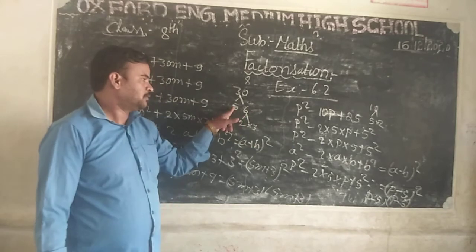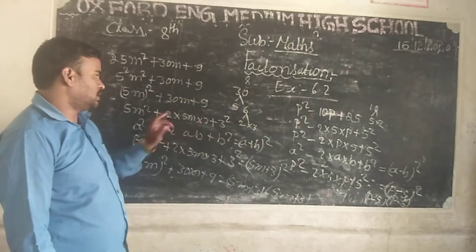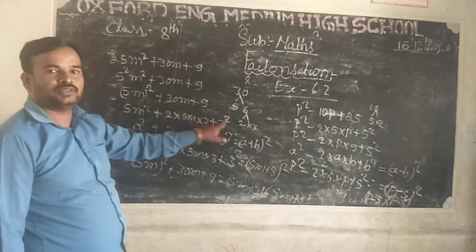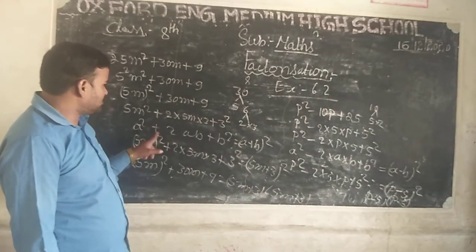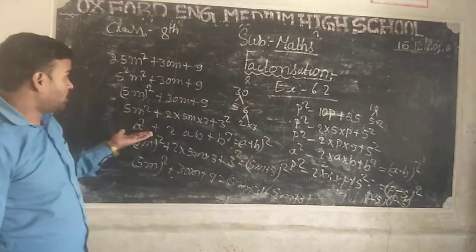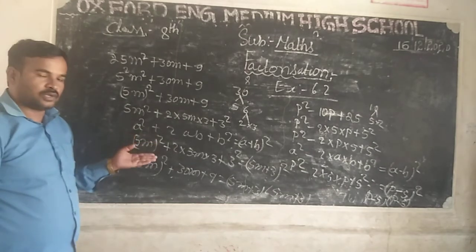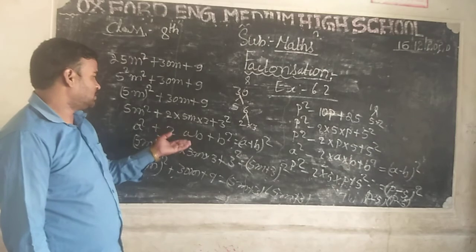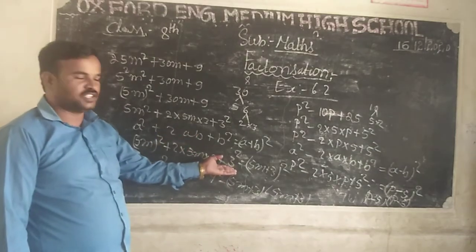Now you write the factors of 30: 5, 2, 3. So 2 into 5m into 3 plus 3 square, because the square root of 9 is 3 square. Now it is compared with the identity a square plus 2ab plus b square is equal to a plus b whole square. So when you compare, instead of a write 5m, instead of b write 3, and again b square is 3 square.